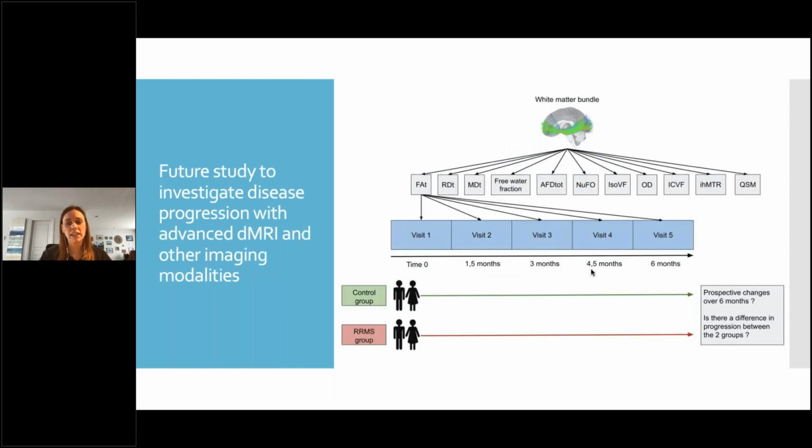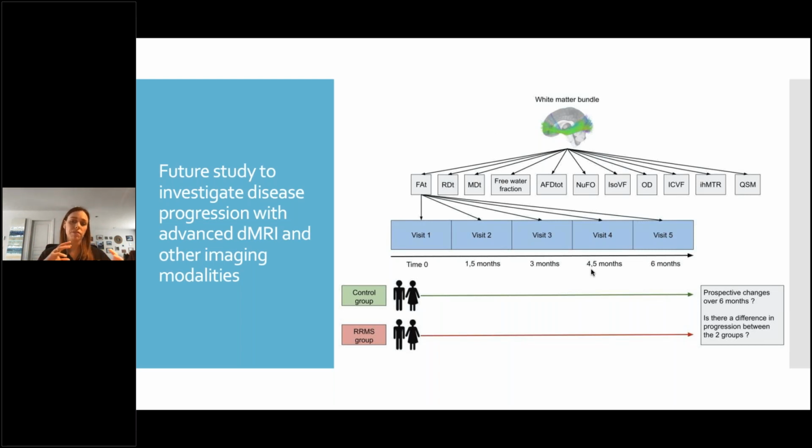Another interesting project that is currently ongoing is to see if we can be sensitive to progression of the disease over a short period of 6 months. So what we want to do is to compare relapsing remitting MS patients to healthy controls that are sex and age matched, and to see over 6 months with 5 different MRIs if there's a signature of the disease during that short time.